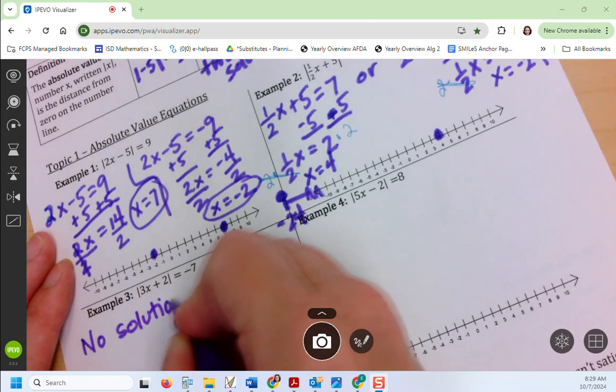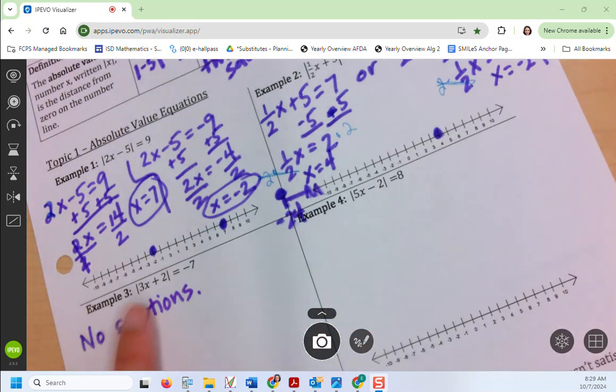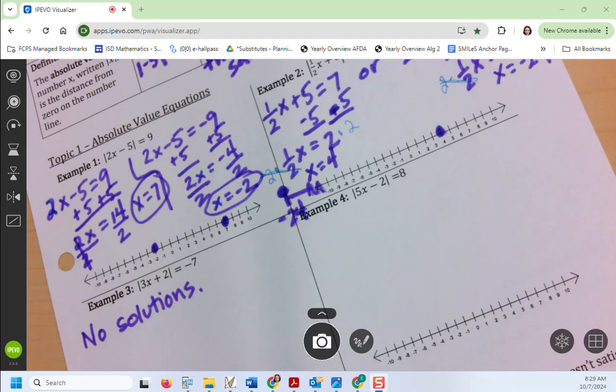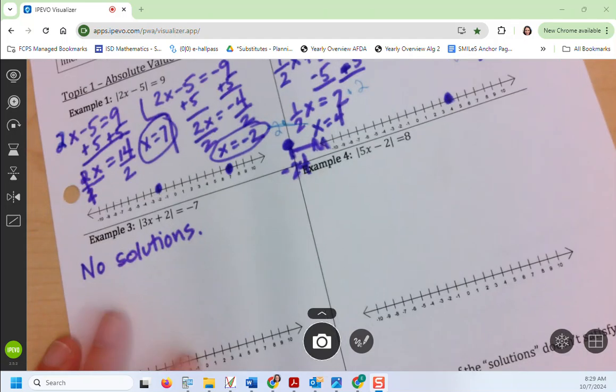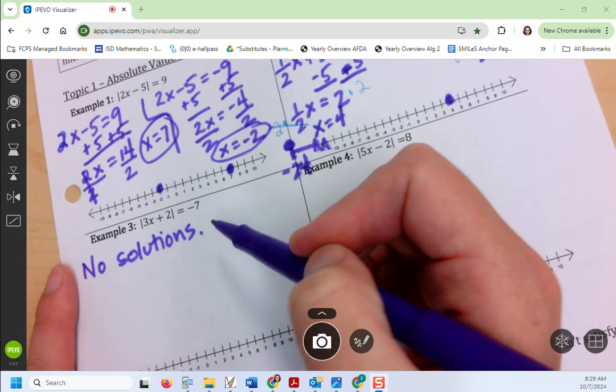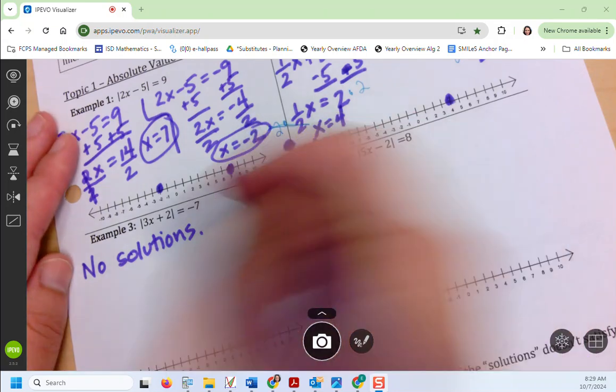So it starts with a negative, no solution? If the absolute value is isolated. Sometimes the absolute value is not isolated yet. We'll see some examples on the back. But if you have the absolute value isolated and it equals a negative, then that's going to be no solutions.